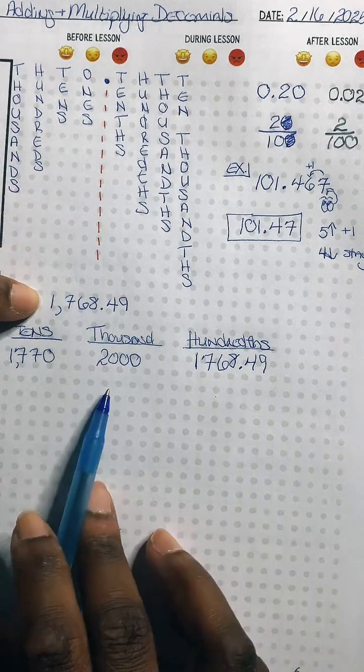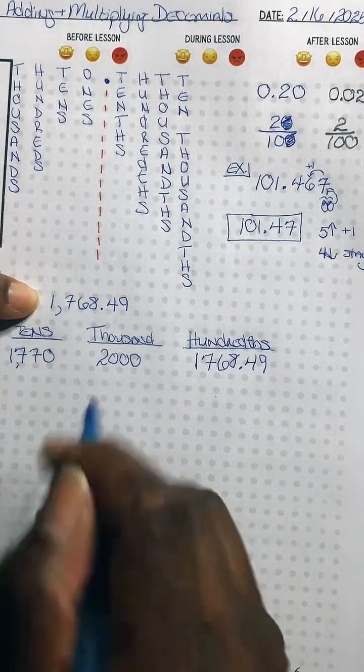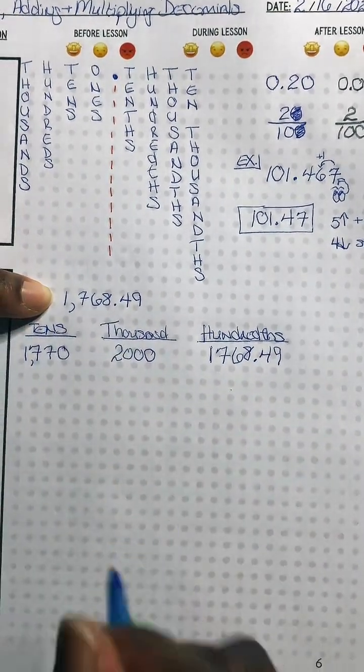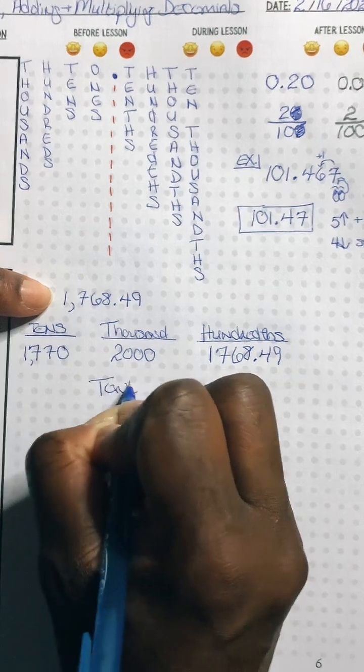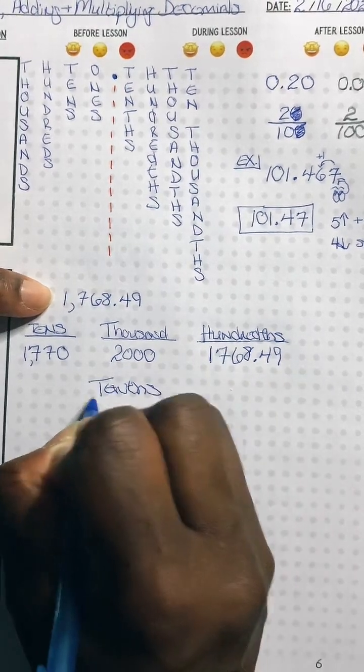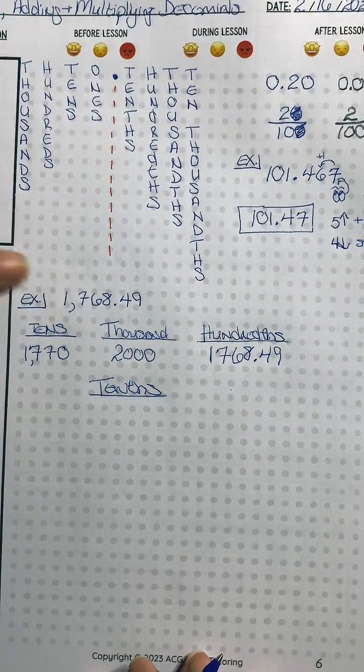This is the last one. Same numbers. But I want you to round to the tenths with the THS. What would it be for the tenths? Same numbers, but to the tenths spot.